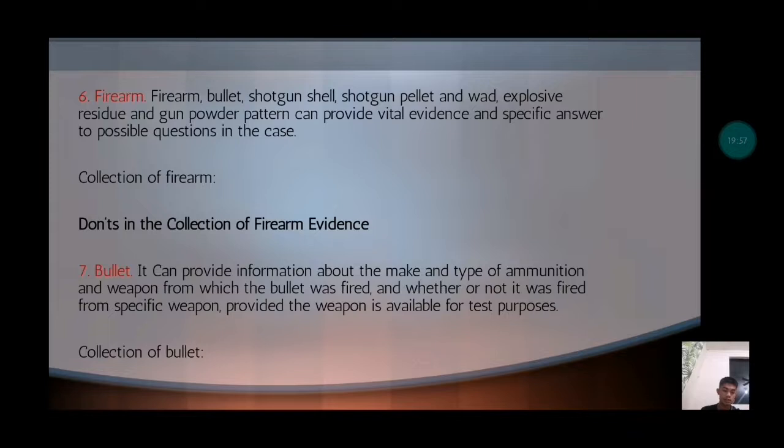At autopsies, request the use of rubber-tipped forceps to minimize the possibility of damage to the bullet. Lastly, wrap each bullet separately in tissue and cotton to prevent damage and place it in a container.